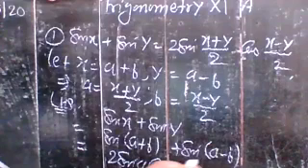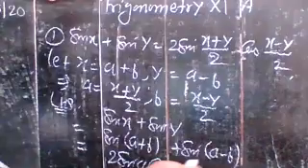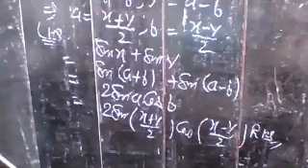Now you put the values of a and b which you obtained here. So you have 2 sine (x plus y) by 2 into cos (x minus y) by 2, and that is your right side. Okay. So in this way you can prove this identity. Yes, note it.